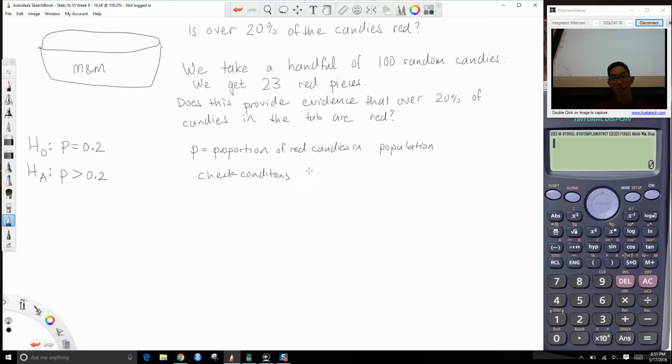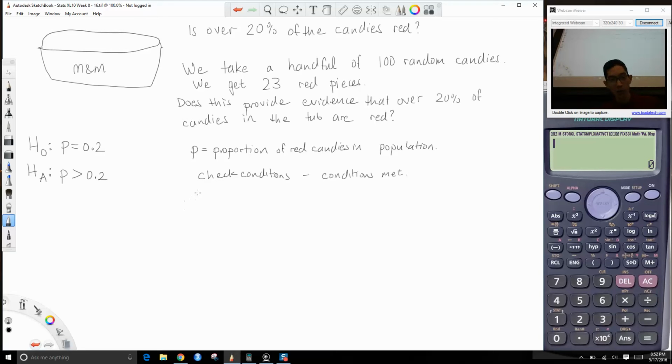So we'll say check conditions, and then I'm just going to fast forward through this because we've already covered this last week, right? So we'll just say conditions are met. Is that okay? No one's upset about that? You mean the large scale? Yeah, large sample, big population, random sample conditions, okay? Those things. We'll say check conditions, and we'll say conditions are met.